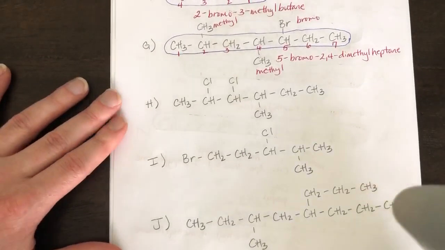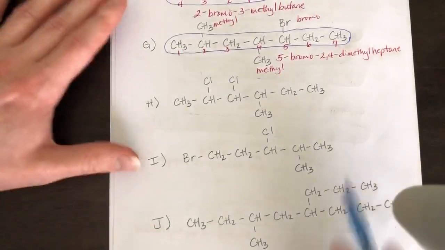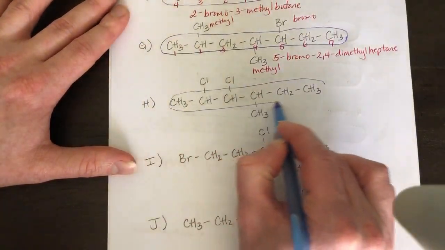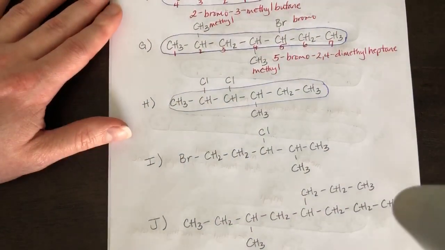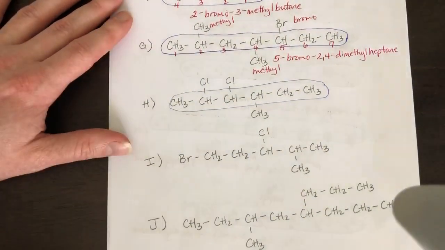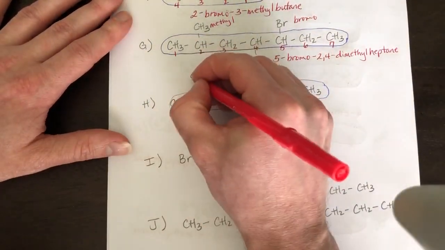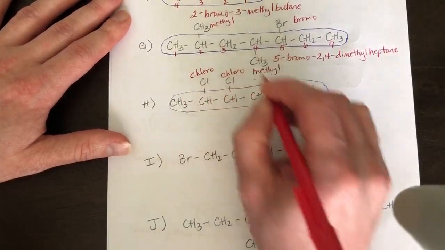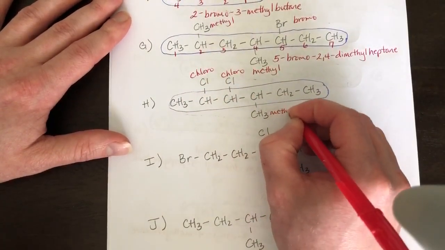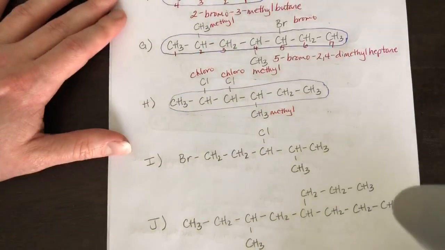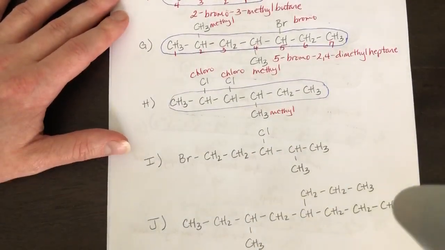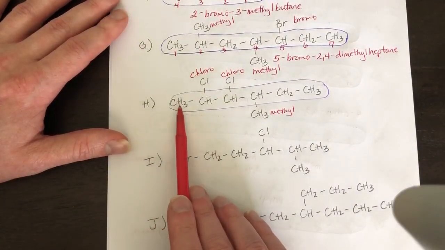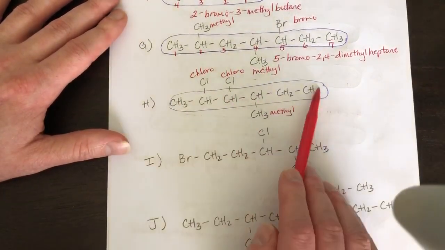So we're going to do our longest chain of carbons. Okay, so it should be 6 long. We got a chloro, another chloro, and a methyl. Okay, so we're going to number this going this way. 1, 2, 3.